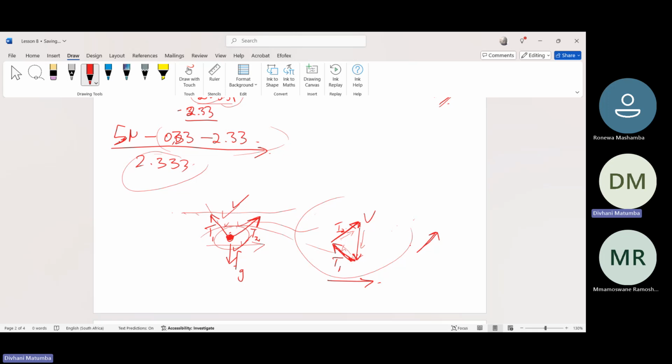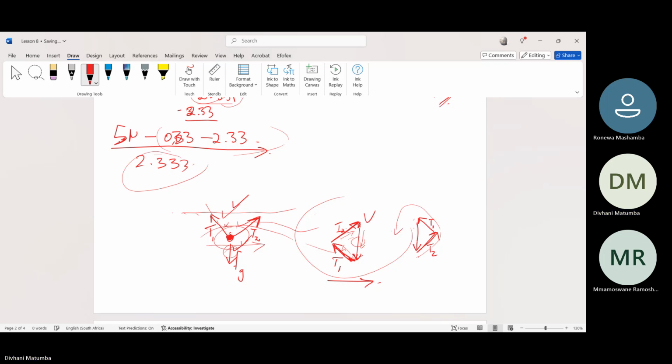If I transfer this force of gravity, because it's going down, and then T1, and this is T2, as long as they maintain the directions, please note, now your system is moving anti-clockwise.